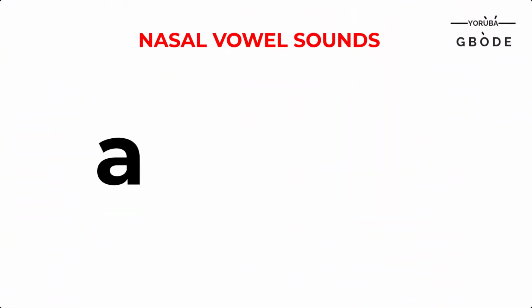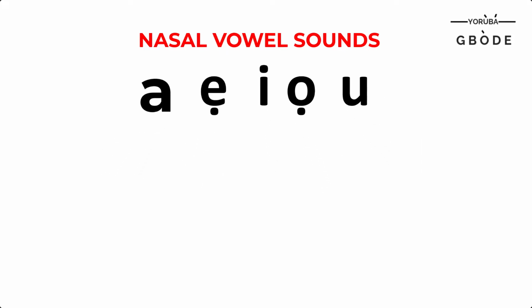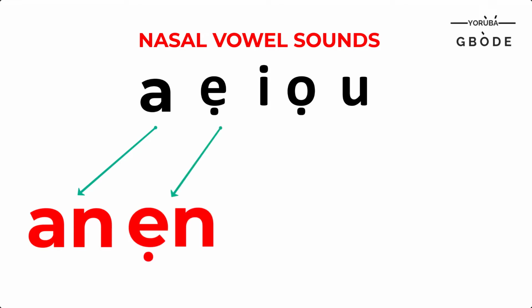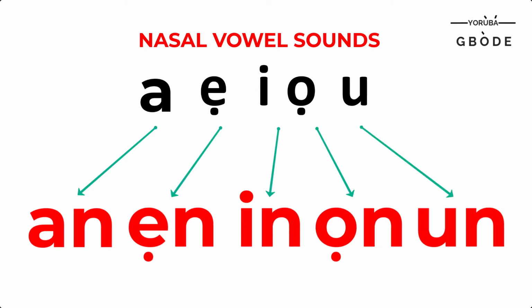Like we have A, E, I, O, and U. 5 in number. When we place N to it and we pronounce it, it gives us a nasal vowel. That is An, In, On, Un. All of these I have discussed in my earlier videos.